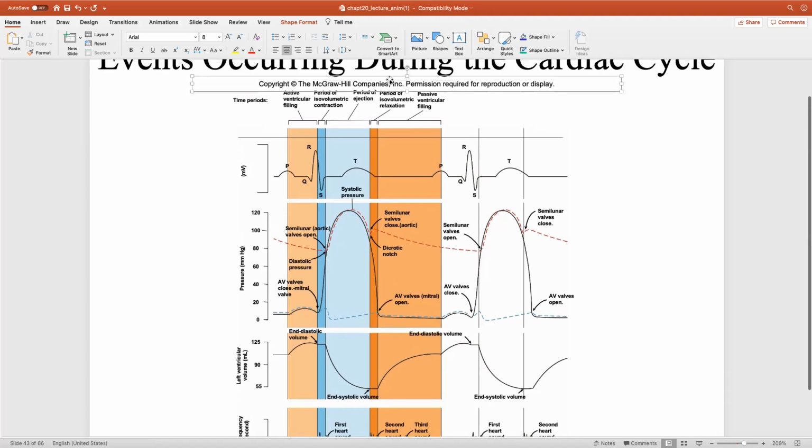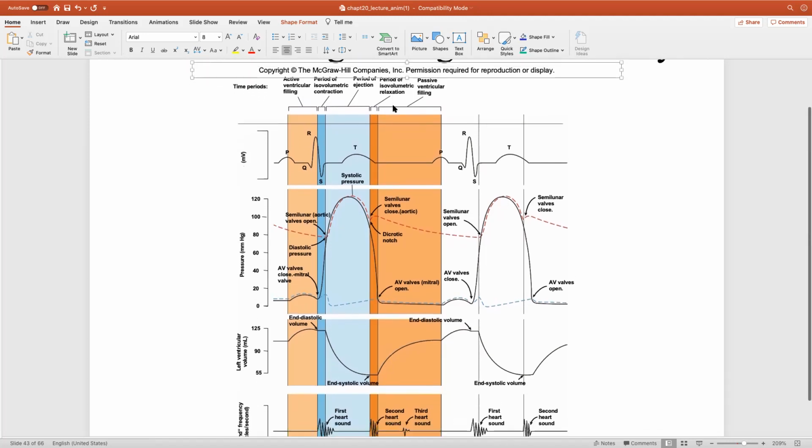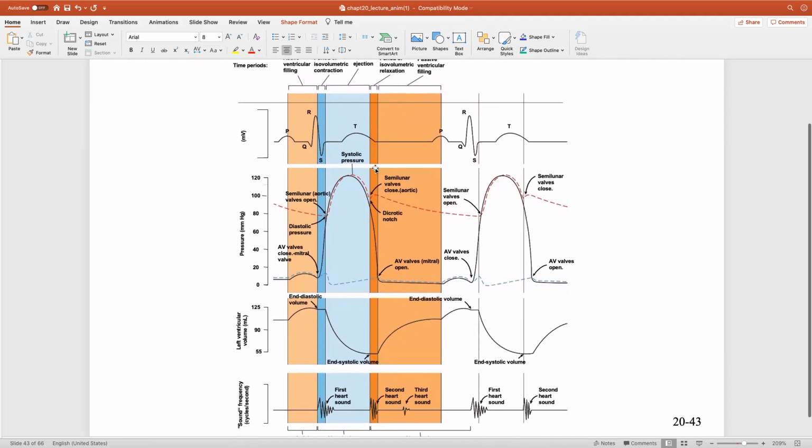And all we're doing now is entering a period of isovolumetric relaxation. So in the period of isovolumetric contraction and isovolumetric relaxation, there's no blood flow going in or out of the ventricles, right? Usually that means all four valves are closed.